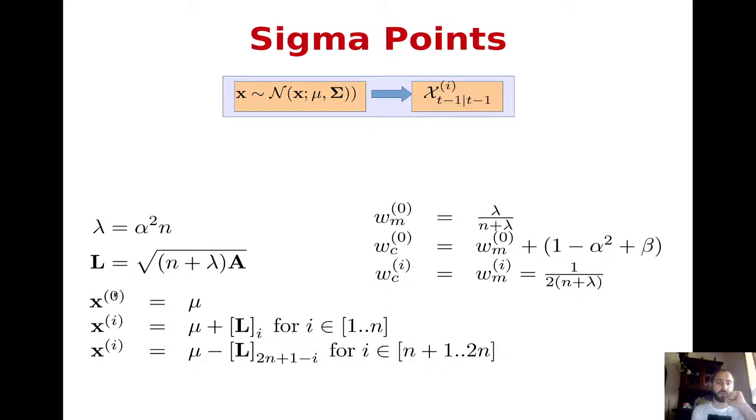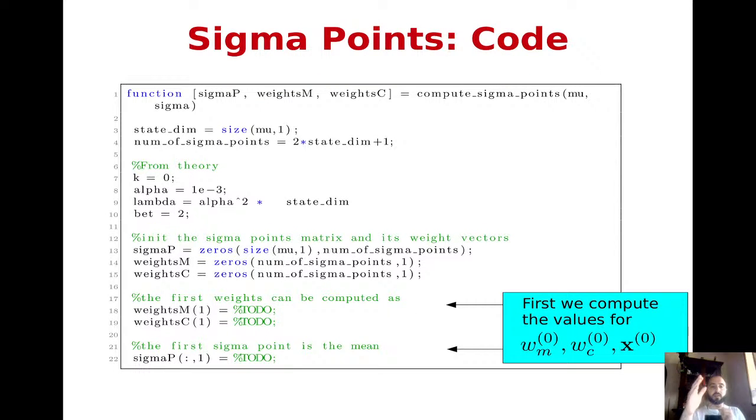That's how we compute the sigma points, the actual points, and this is how we compute the weights associated to each sigma point. We have one weight for the mean, and then we have weights that are used for the reconstruction of the covariance. Okay, so this is how you go from the standard representation to sigma points, and here is the code.